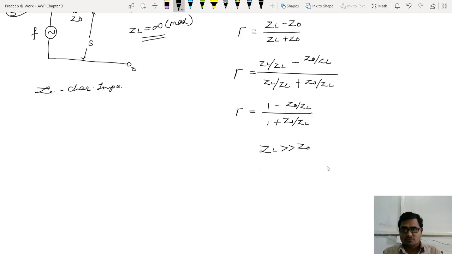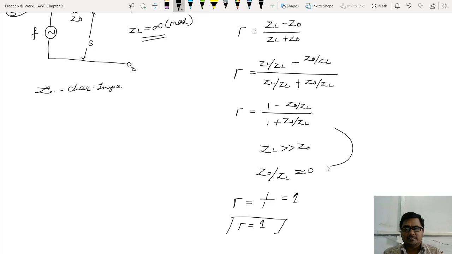So the ratio Z0 divided by ZL will be approximately 0. Divide a small number by a very large number, and obviously you will get approximately 0. Then if I put this approximation in the above equation, you will get 1 divided by 1, which is 1. So the reflection coefficient will be 1.